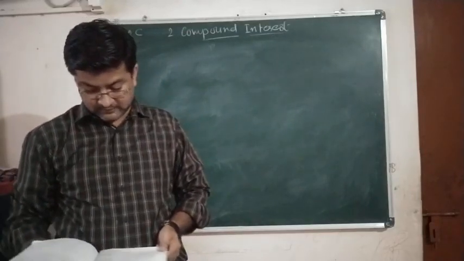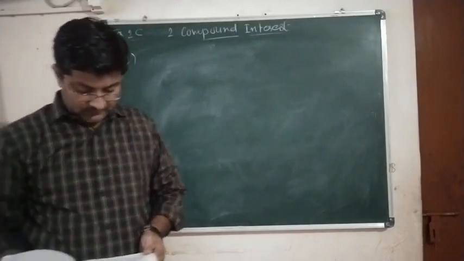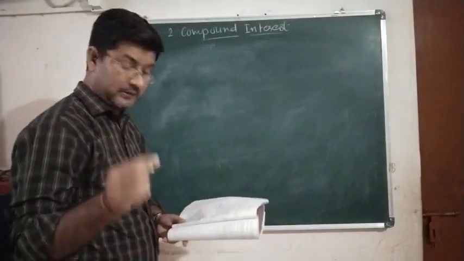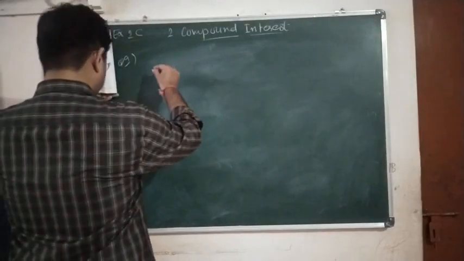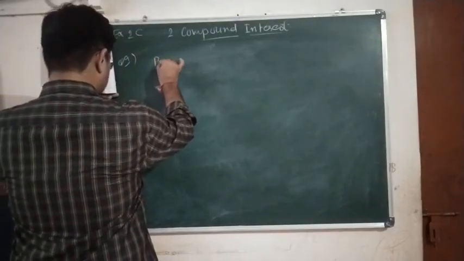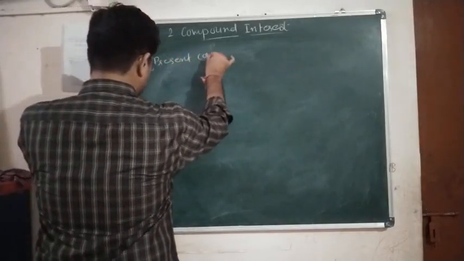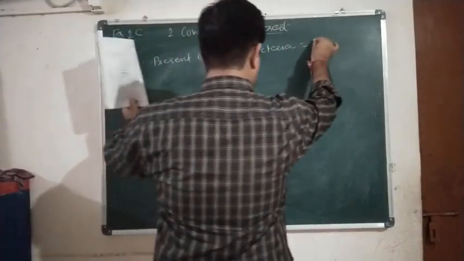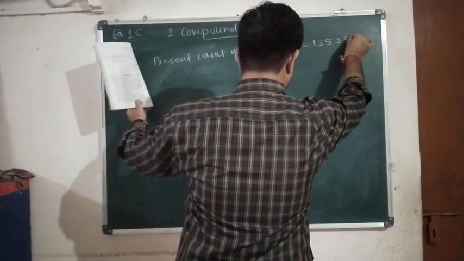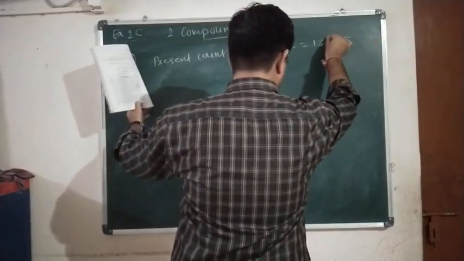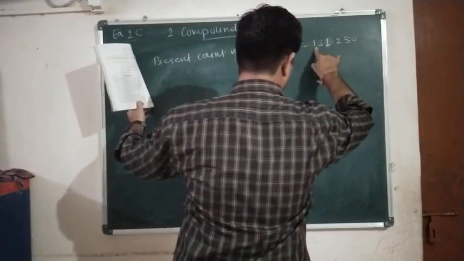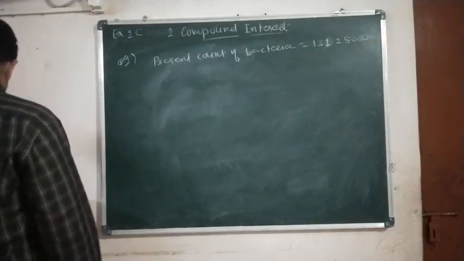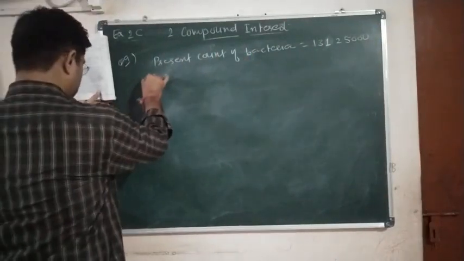The present count or present population is given, 1,31,25,000. So let us write down the present count of bacteria. Rate is R1, R2, R3.